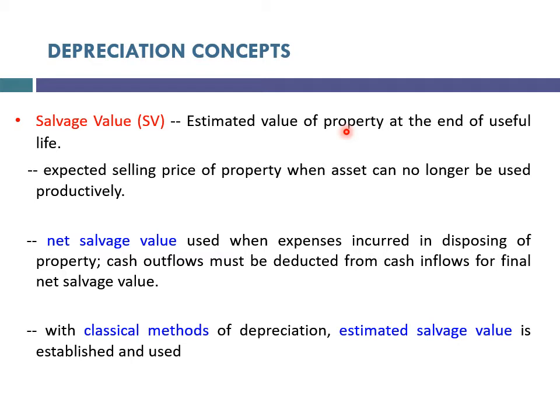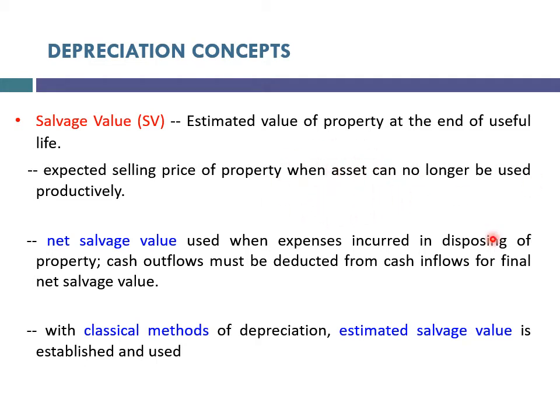So the market value at the end of the useful life is called salvage value. This is the expected selling price of property that cannot be used productively when the useful life of the asset is over. So that's why we use salvage value.